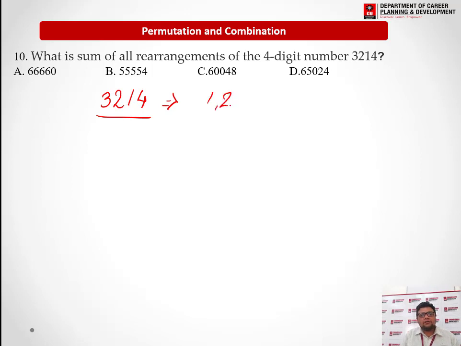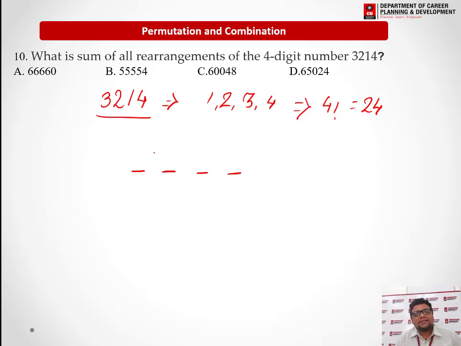Firstly, let us find how many total arrangements will be formed. There are 4 numbers, so we can say 4 factorial, which is 24. We are only forming 4-digit numbers as given to us.